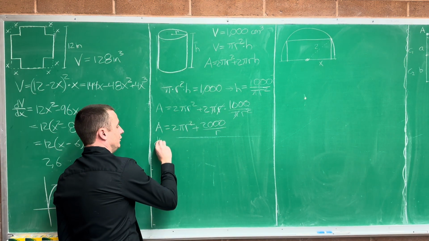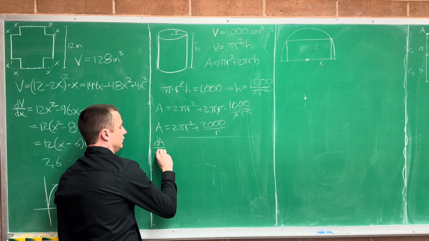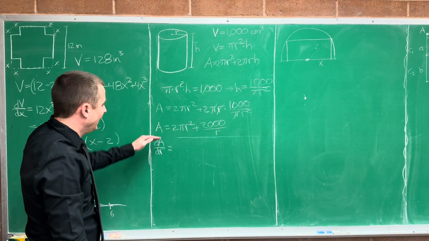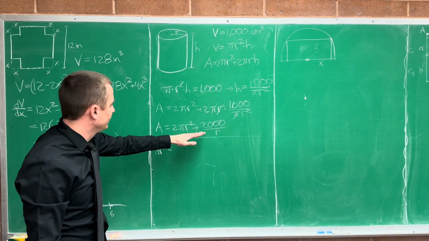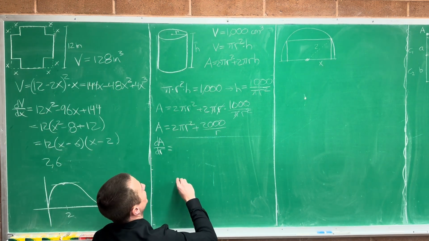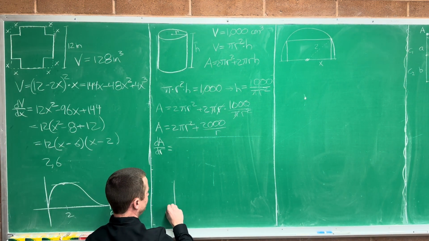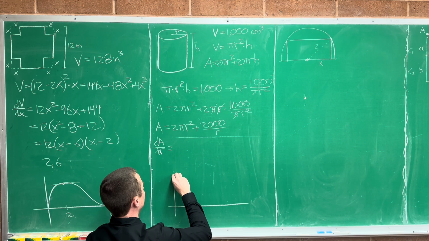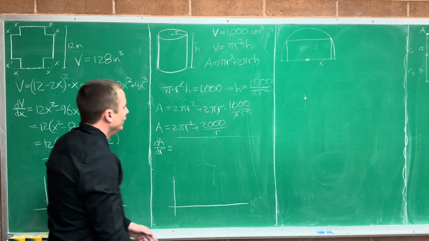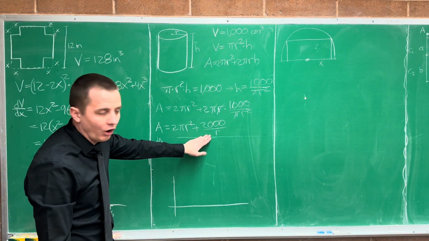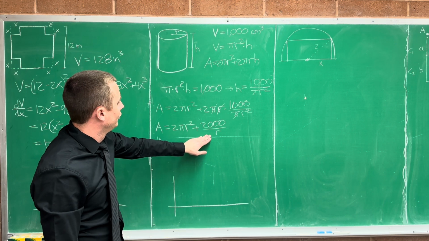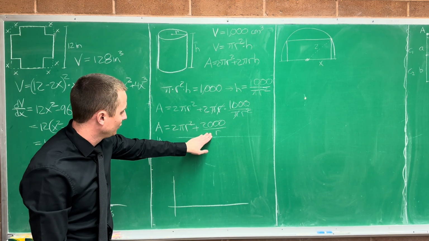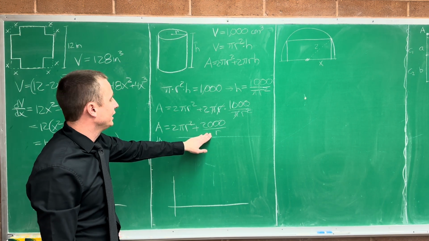And so the derivative of A with respect to r. If we were to graph this out, I don't know what this thing would look like, but whatever it would look like, if we plug in a really small number for r, we can't really plug in 0 for r, can we? No. Why can't we plug in 0 for r?